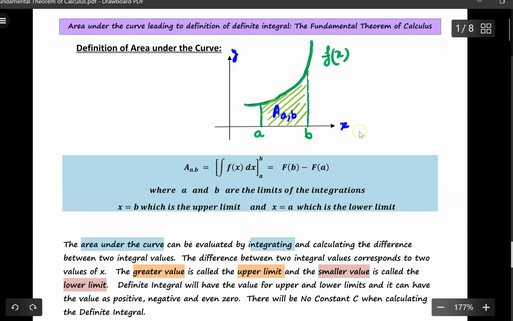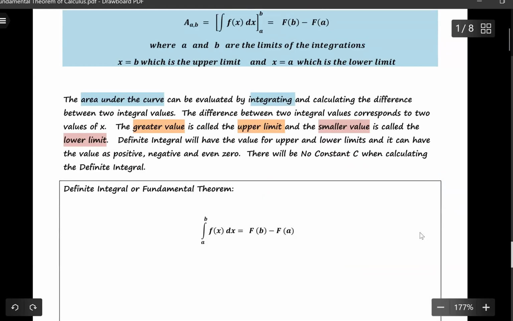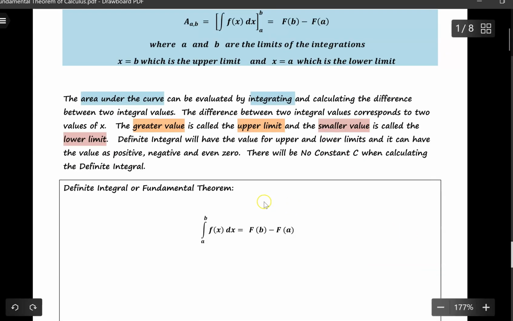There is no more constant in this case because you have the exact area to work with. You have the upper and the lower limit to work with. Therefore, I would like to show everyone the fundamental theorem of calculus summarized in this formula.